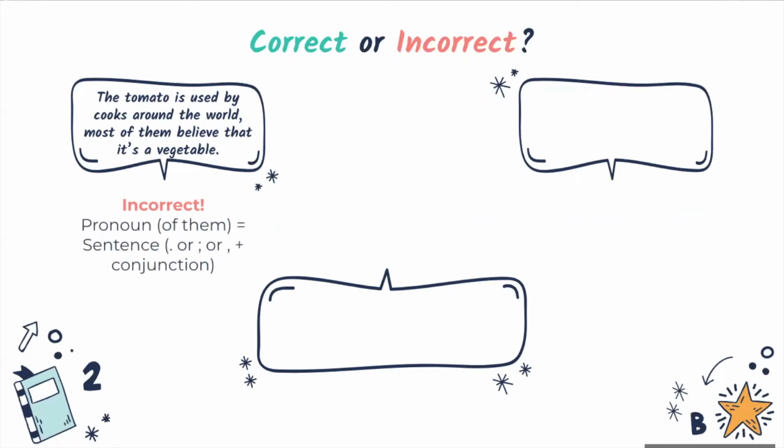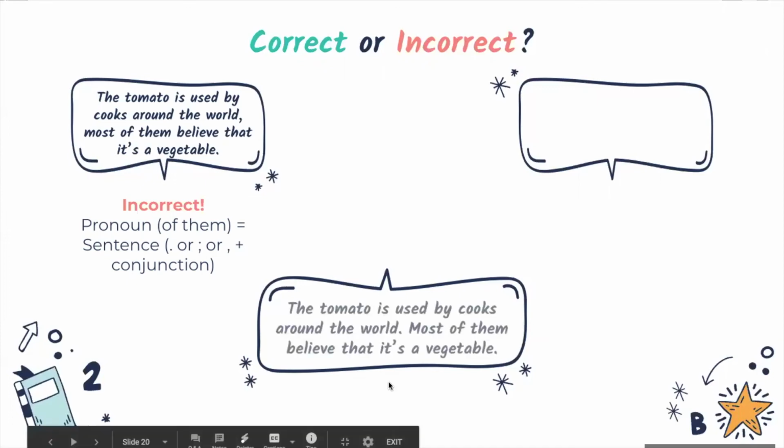Just to clarify, because it is considered a separate sentence, you can't combine these two with just a single comma. So you have to use either a period, a semicolon, or a conjunction. There's supposed to be an and over there, but sorry about that.